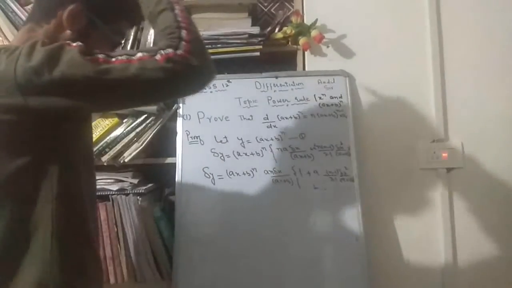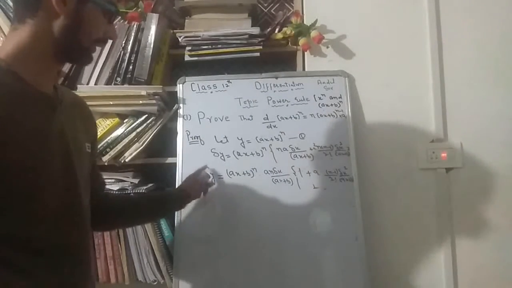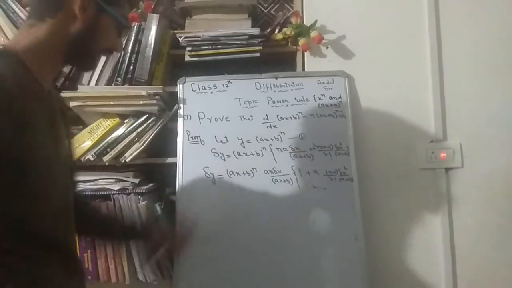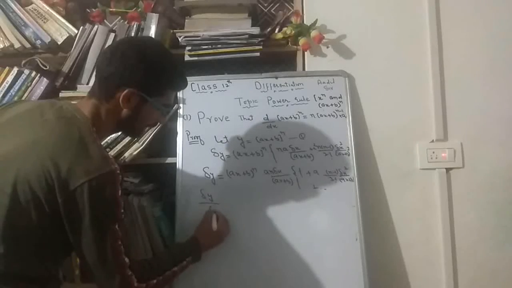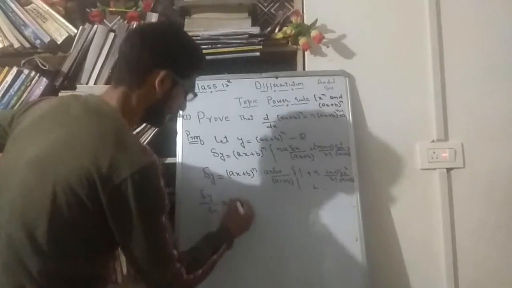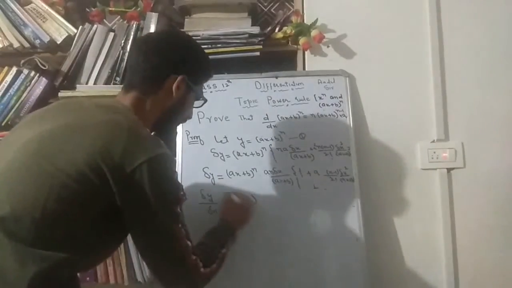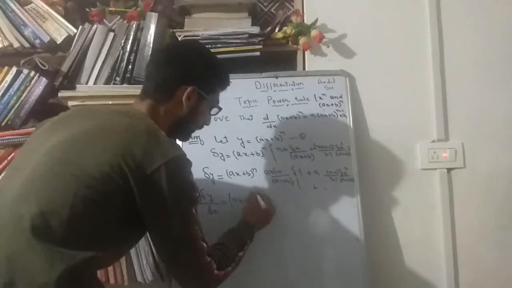So now the next step is to divide this del y by del x throughout, and then take the limit del x tends to 0. When I do, it will be del y divided by del x equals (ax plus b) raised to n minus 1.